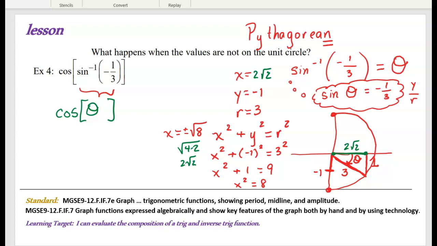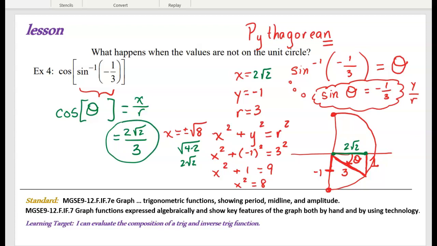Well, what is cosine of theta? Cosine of theta, by definition, is x over r. Well, we already know x and r. So the answer is literally 2 root 2 over 3. Final answer.